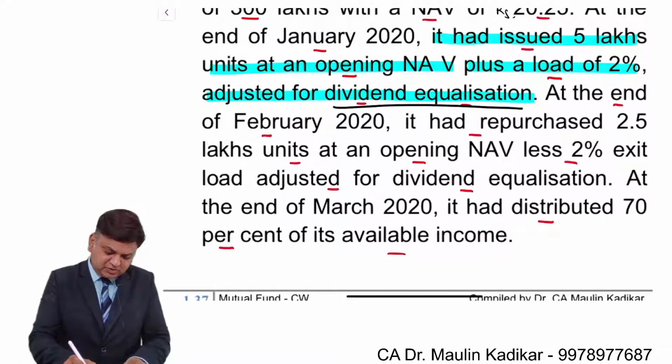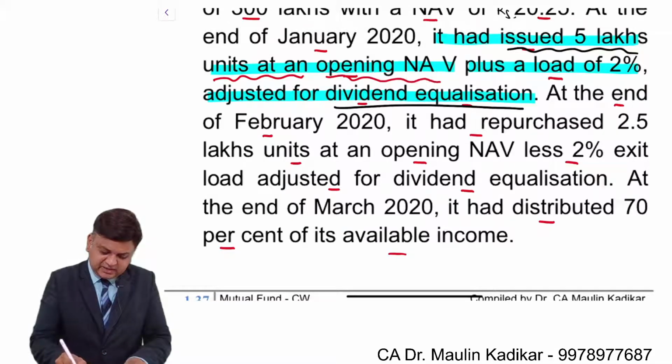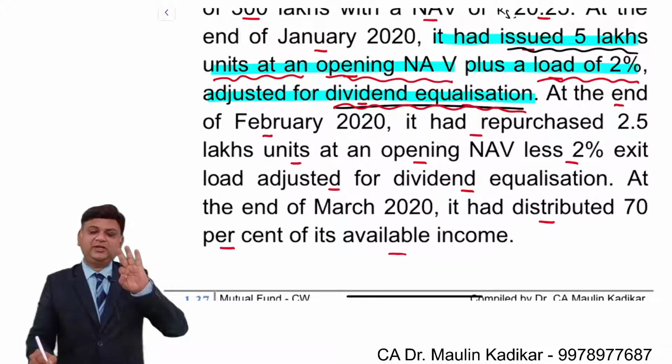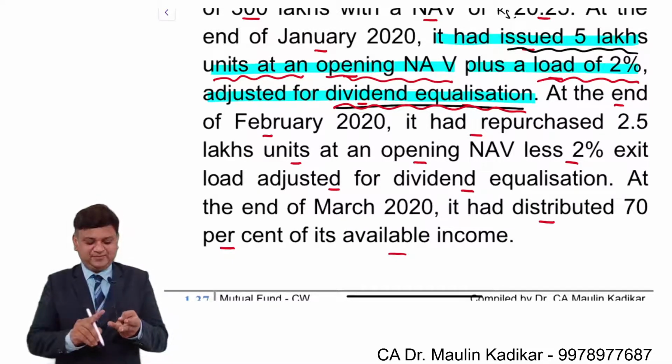Why? Because you can see that the question says it issued 5 lakh units at opening NAV plus 2% entry load adjusted for dividend equalization. So there are 3 components. One is opening NAV, which we have considered. Entry load, we have considered.